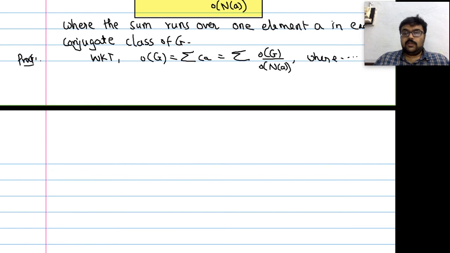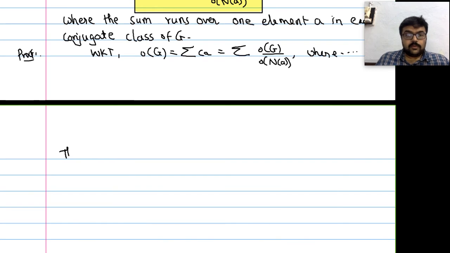So this equation, star, is called the class equation.